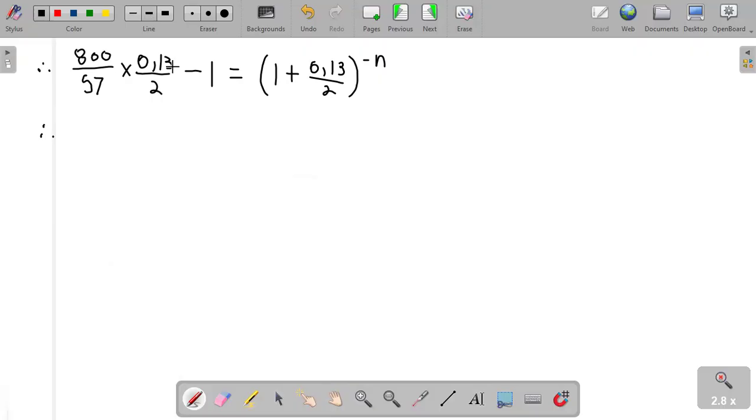So it means therefore, if we type this into a calculator, this can be typed into a calculator, right? Then you get the answer. You type this into a calculator, and then it's equal to log, so 1 plus 0.13 over 2, and then negative n.